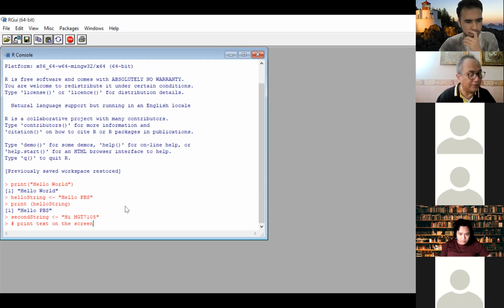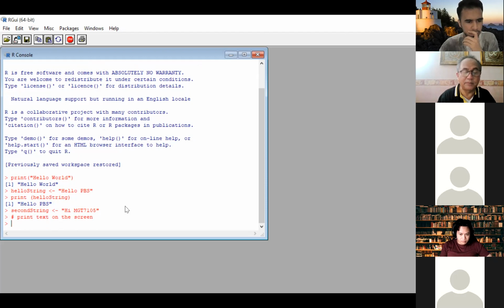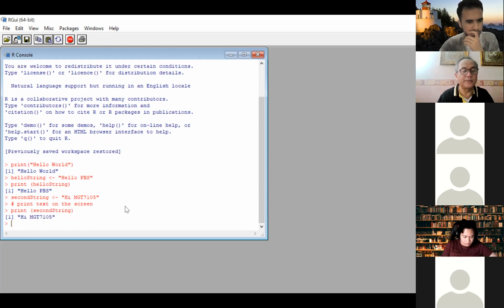Then only we say print hello string. Second string. You will print the second string, but it doesn't affect the printed text on the screen. This portion is not affected.